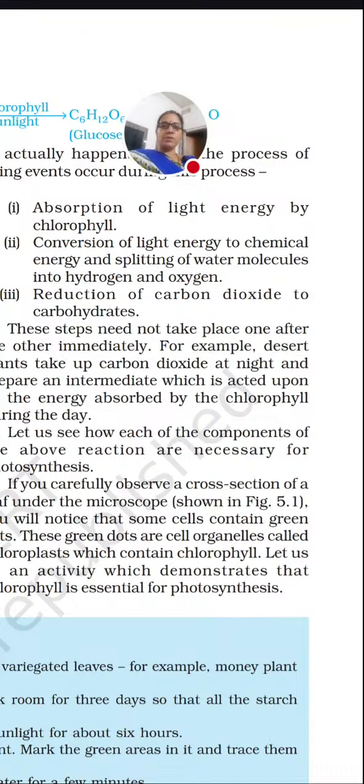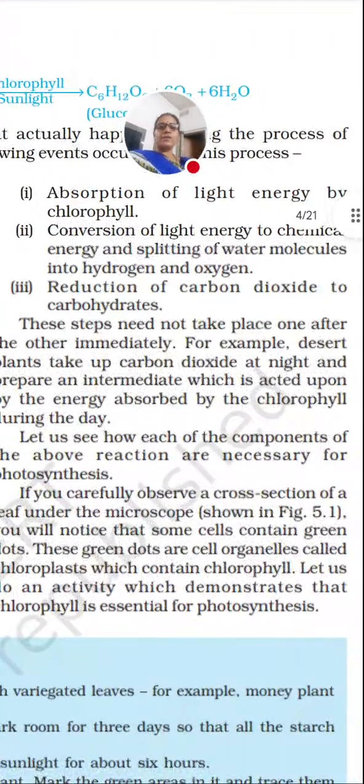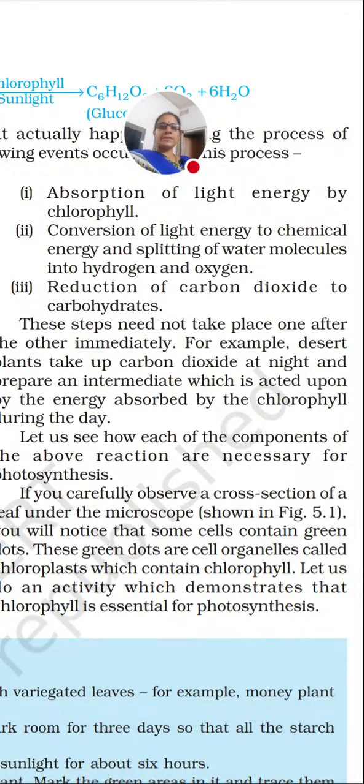Why is the word photo used? Because it is taking place in presence of light. So we call it photo. And the second one, lysis. It is being broken down. Water will split into hydrogen and oxygen. Here you can get one MCQ, which is very important. What is the source of oxygen during photosynthesis? And students very often make a mistake here.